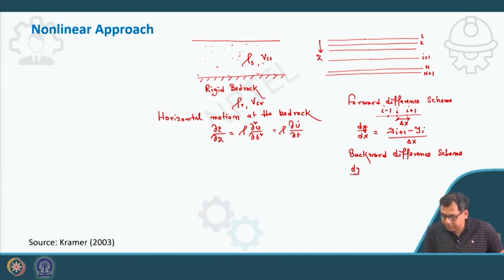And the backward difference scheme, so dy/dx will be y I minus y I minus 1 divided by del x.